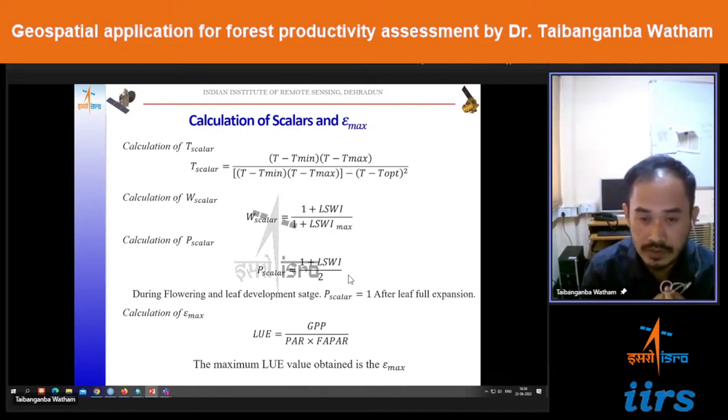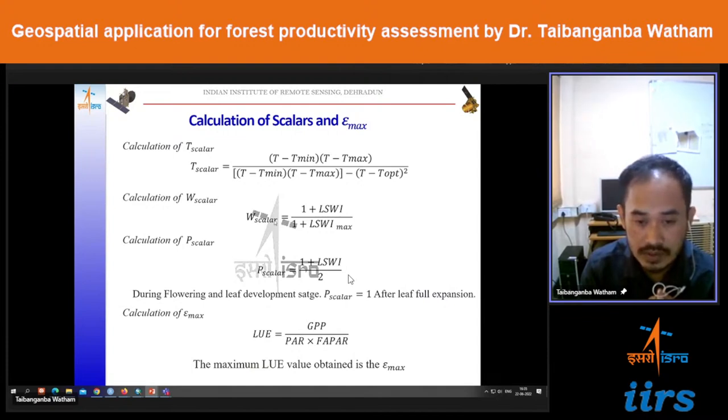And then there is the temperature recorded at the instant for which we are trying to model or estimate the GPP, that is the T. Once we have T, T max, and T optimum, we will be able to calculate the T scalar easily. Then we have the water scalar calculation.